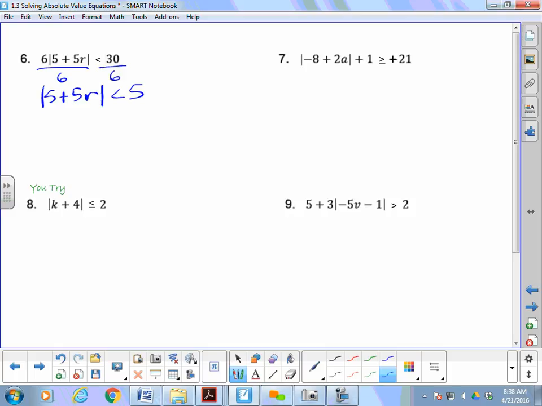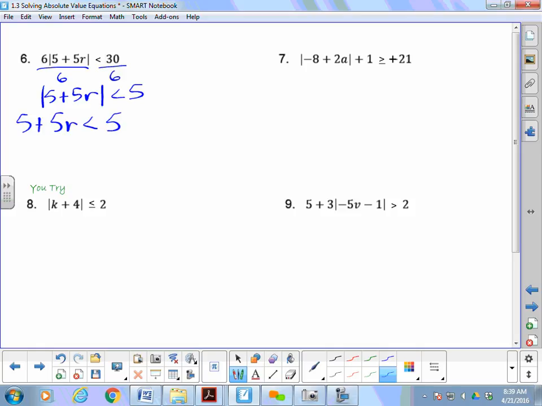Okay. Now, okay, I've isolated the absolute value. Now I've got to pull it apart into 2 inequalities. The first inequality is exactly as written without the absolute value sign.